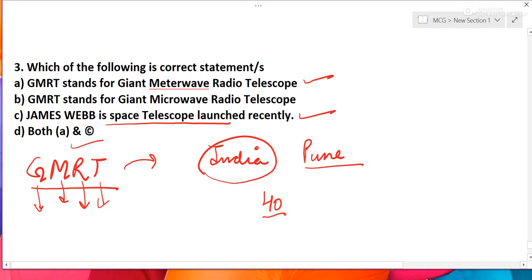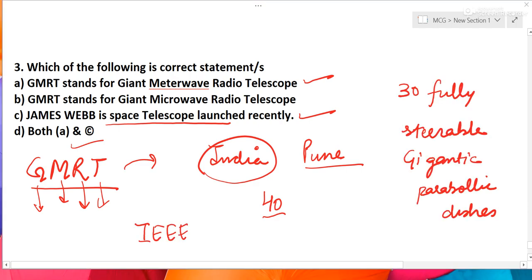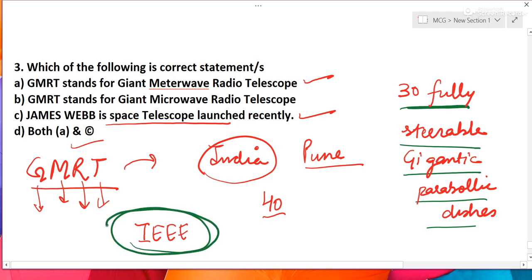And moreover, this GMRT has 30 fully steerable gigantic parabolic dishes. Moreover, it is the third Indian facility that is awarded by IEEE, the Institute of Electrical and Electronics Engineers. After, first is J.C. Bose and second is C.V. Raman.